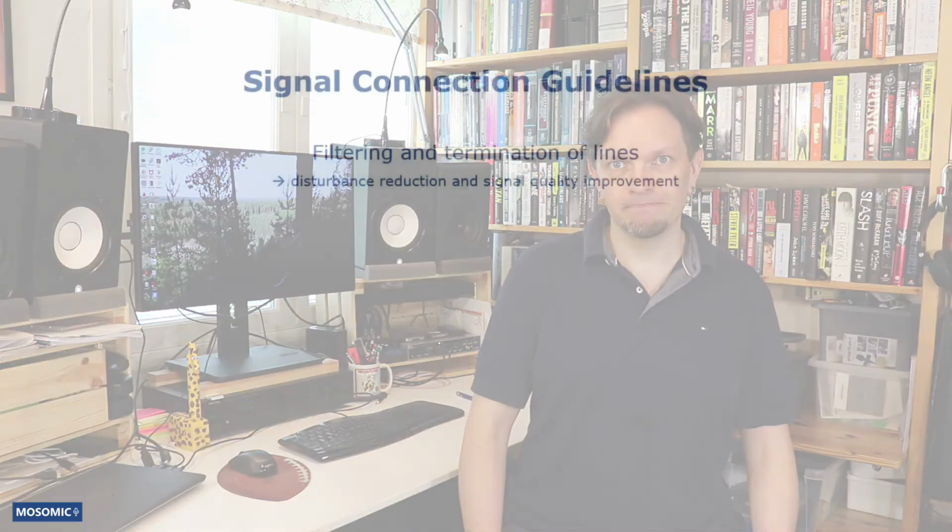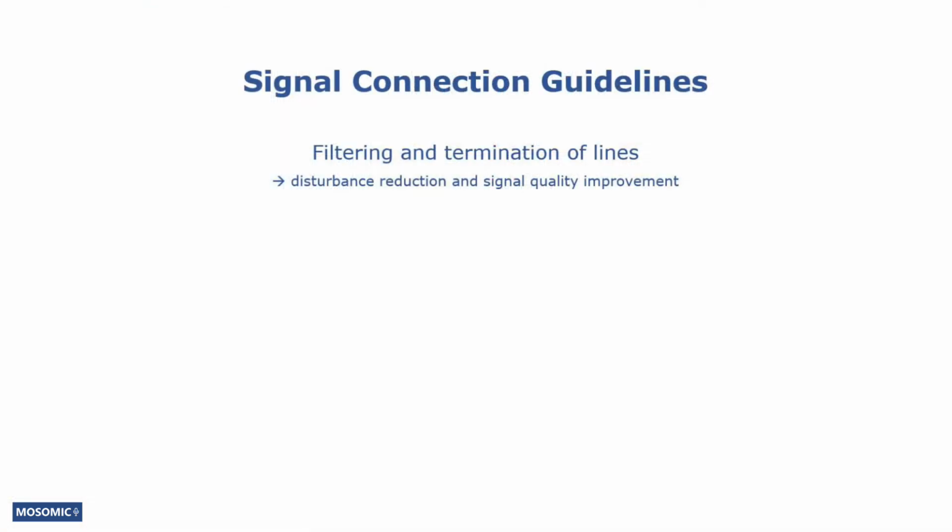Let's have a look at some guidelines for designing the signal connections in a digital microphone system. I use PDM here as an example interface, but the same rules pretty much apply to any digital interface. In addition to the general guidelines I just listed, there are a few important things related to filtering and terminating the lines around a digital MEMS microphone.